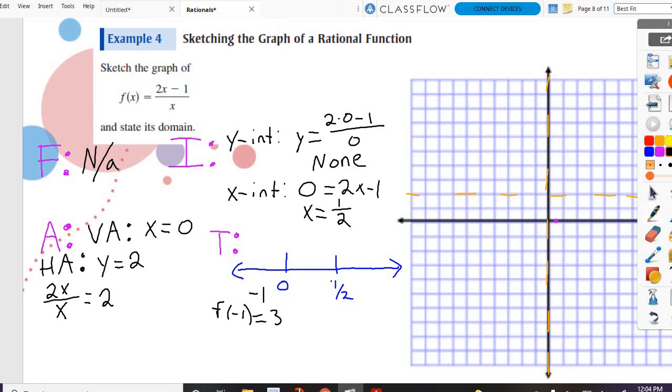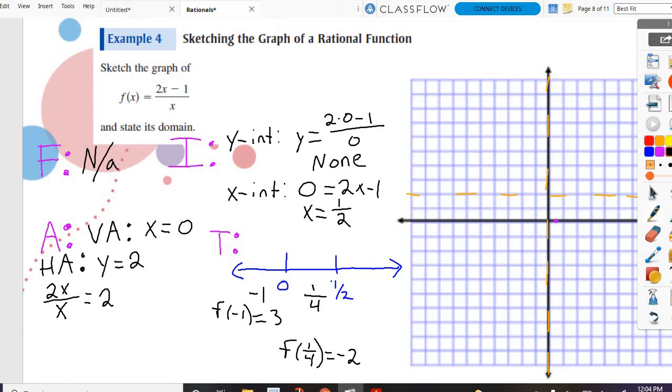Okay, so then what's a number that's in between 0 and 1/2? 1/4 or 0.5. So what do we get if we plug in 1/4? -2.